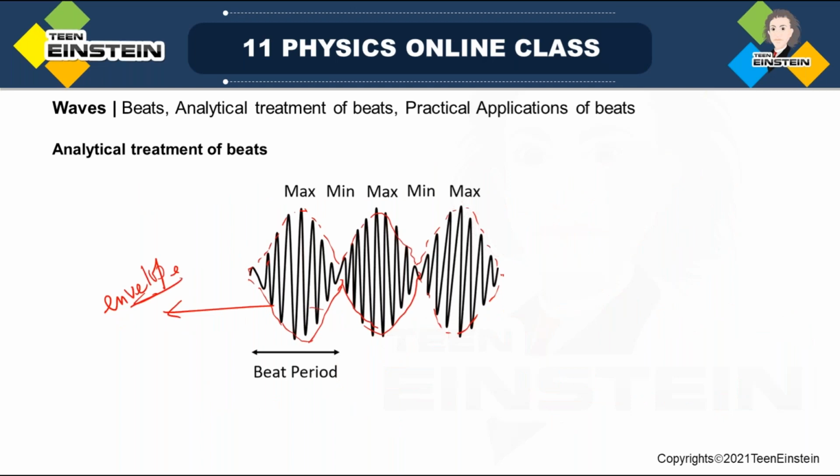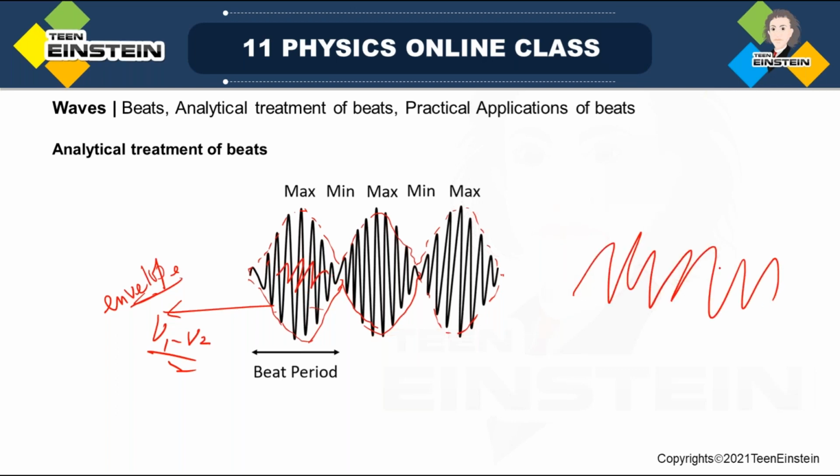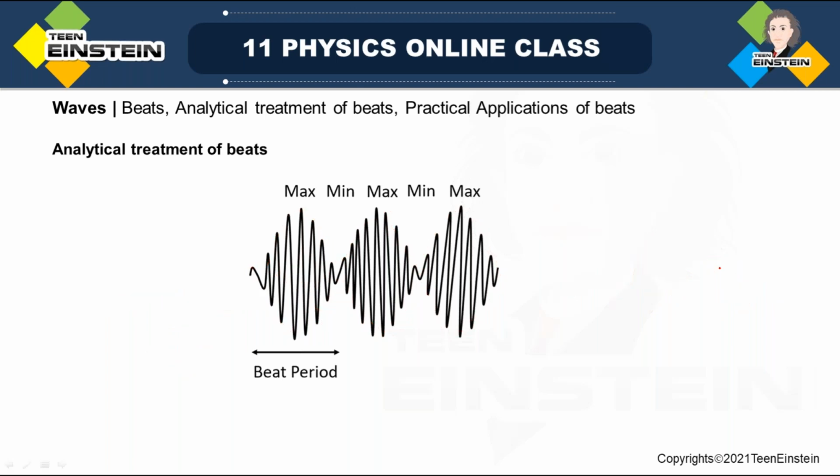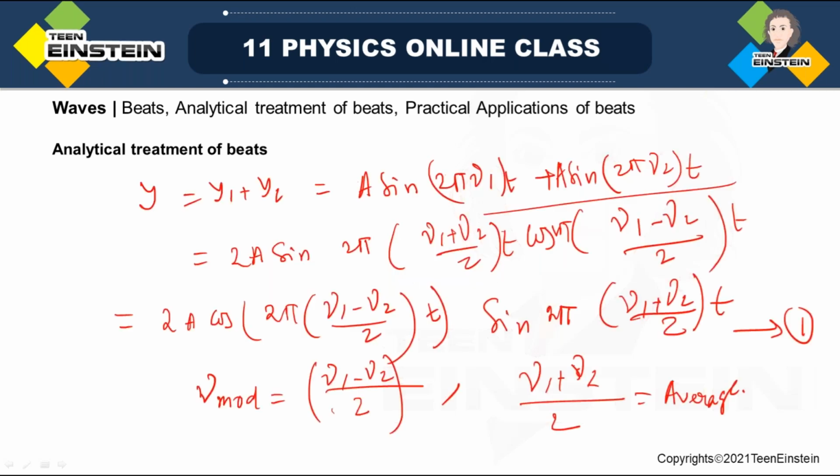So you can see nu1 minus nu2 is giving the frequency of the envelope, this one. And these are the rapidly varying terms like this. So this thing is actually represented by this mathematics.